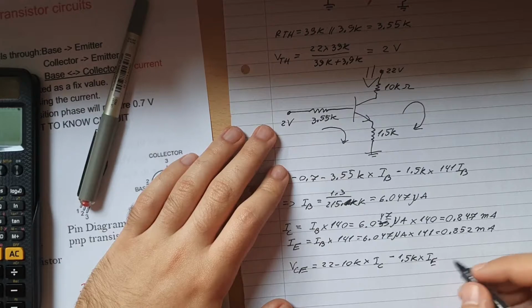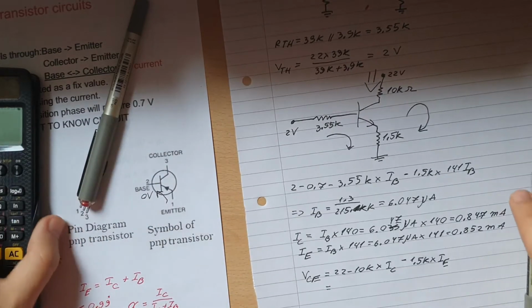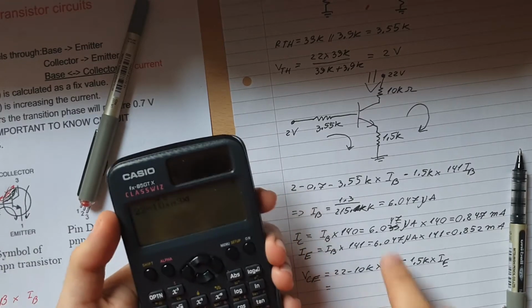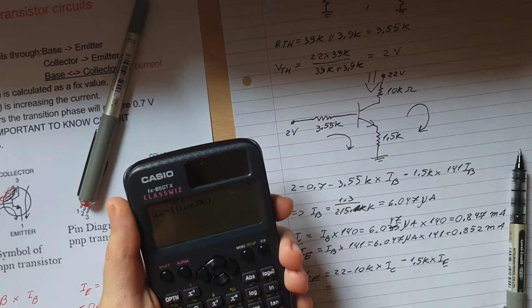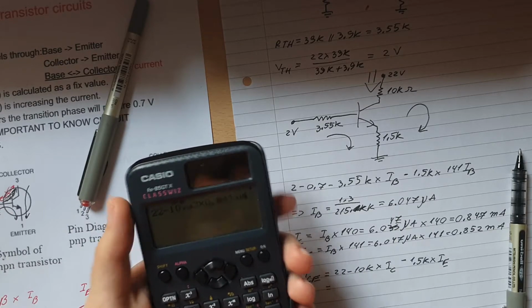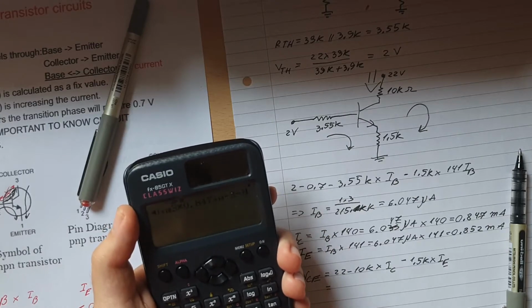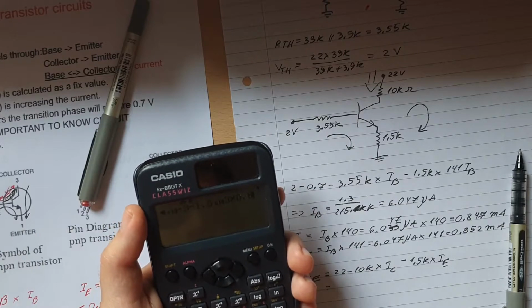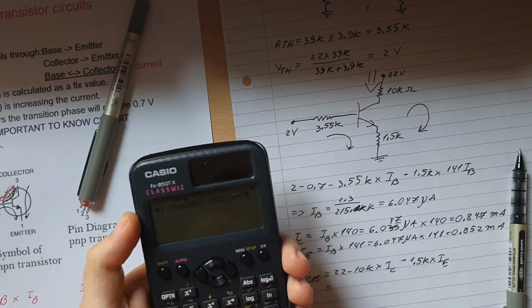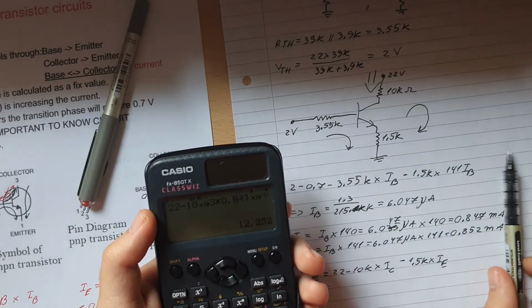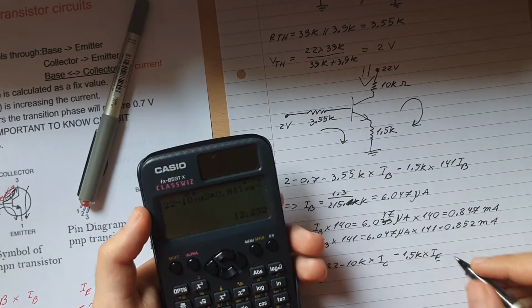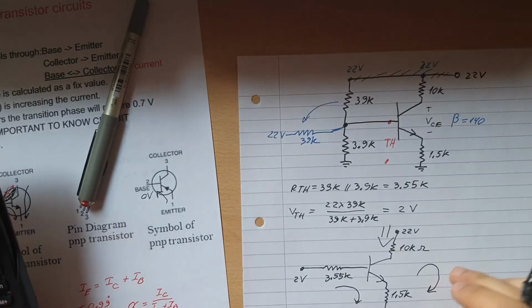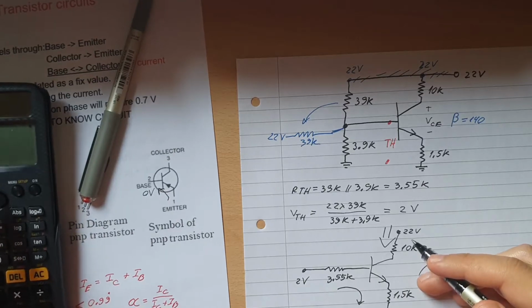So that will be 22 minus 10 times 10 to the 3 times IC, that was 0.847 times 10 to the minus 3, minus 1.5 times 10 to the 3 times IE, that's 0.852 times 10 to the minus 3, and that will give us 12.252 volts. And since this is 22 volts, that seems about right.